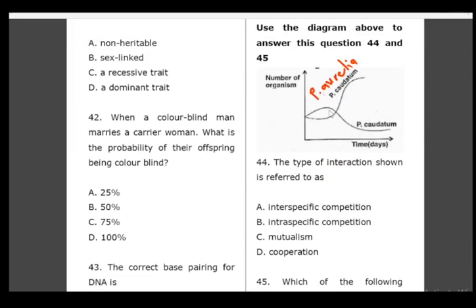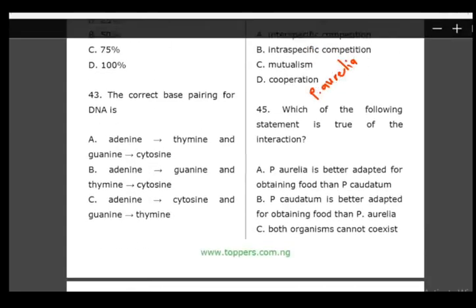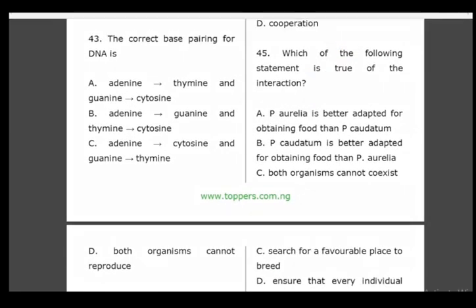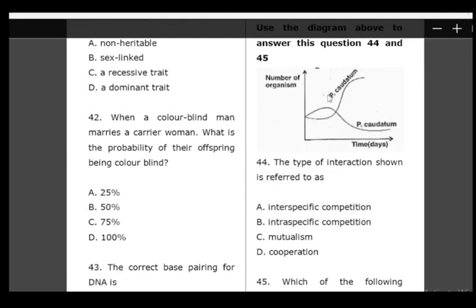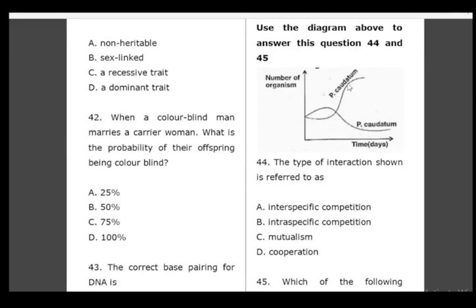But if we are taking the P. Aurelia as the species that is supposed to be here, that is what fits the next question that we are about to answer, which is question 45. Question 45 now is telling us, it says, which of the following statements is true of the interaction? The interaction we are talking about is this interaction here. So have it at the back of our minds that this one here is P, this one here is P.